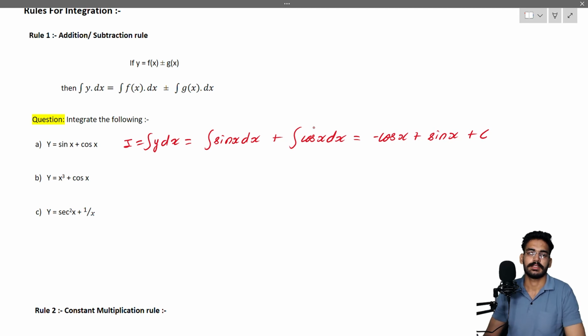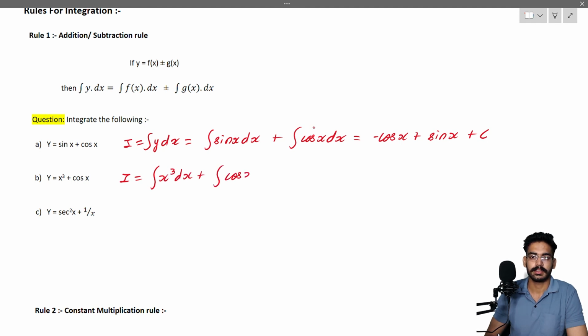Okay, like that. Okay, so let's do another question. I equal to this integration, so we can separately do integration x cube dx plus integration cos x dx. Okay, so what are we going to see here? The integration of x cubed, we know, is x to the power 4 by 4 plus the integration of cos x, sin x, plus c. Okay, now let's see the next integration.